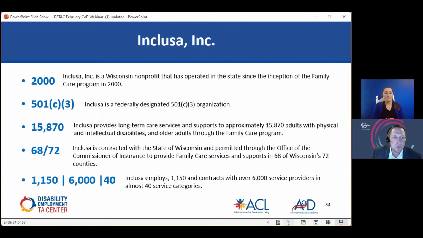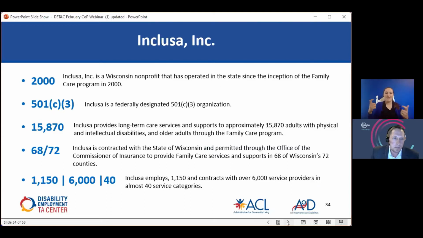So in 2000, Inclusa started operating at the inception of the Family Care program. We started small and grew, and I'll talk about that growth as we talk about expansion of our value-based purchasing model. We are a 501c3 designated organization. We are the largest managed care organization in the state of Wisconsin.